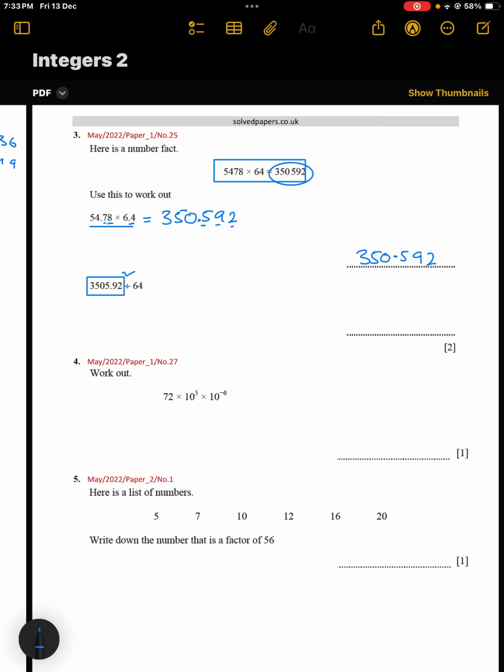Okay, we can do one thing. If the calculator is allowed, you can directly and easily put this question in the calculator. But this question has a little problem. It is mentioned wrong. There is a mistake in it.